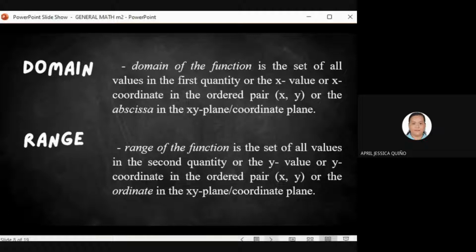So just remember that when we talk about the domain, it's actually the value of your x, the abscissa or the x coordinate in the ordered pair.